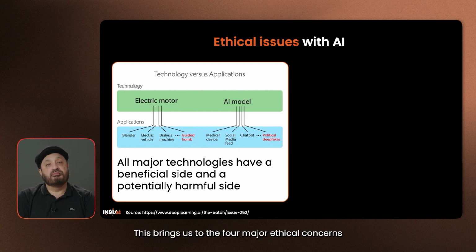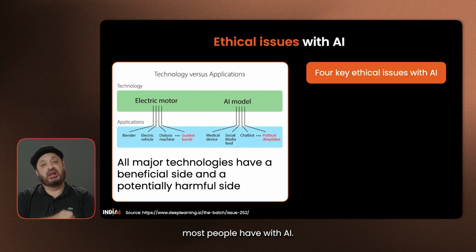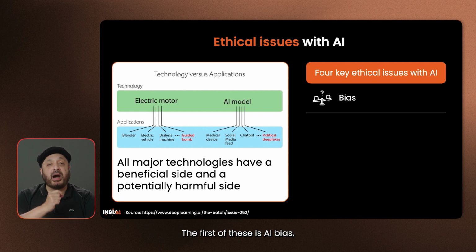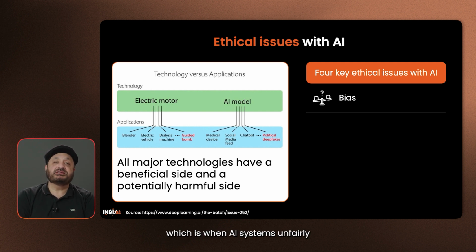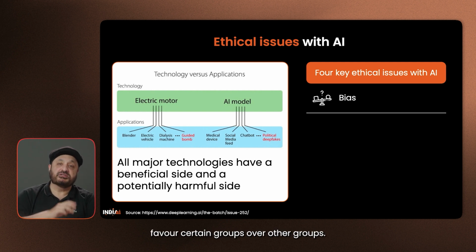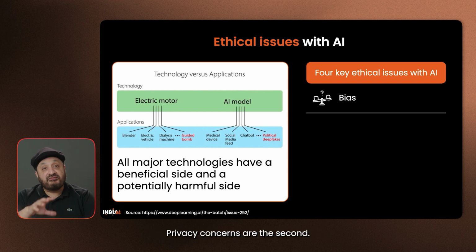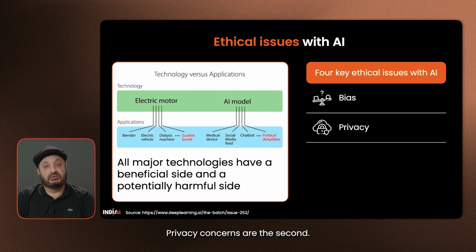And this now brings us to the 4 major ethical concerns most people have with AI. The first of these is AI bias, which is when AI systems unfairly favor certain groups over other groups. Privacy concerns are the second. This is about how AI can invade our personal lives and misuse our private data.